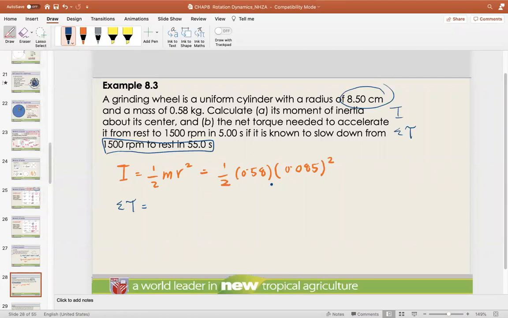Nak cari net torque eh? Net torque is we times the moment of inertia with acceleration. Okay, so how do I find the acceleration here?